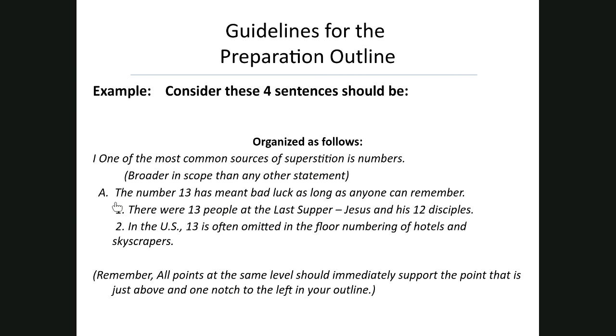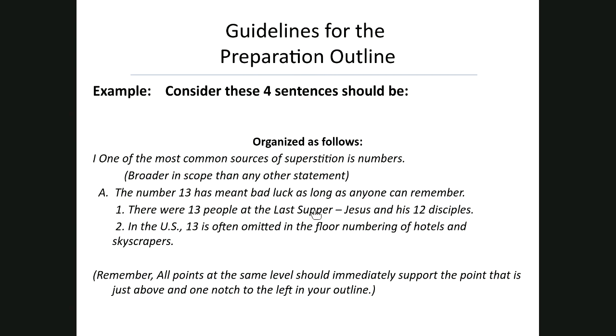These two sentences, but say you wanted to break down subpoint number one, there were 13 people at the Last Supper, Jesus and his 12 disciples, and you wanted to break that down even further. Now you would put a small letter a there and indent, because you're breaking that down further. Every time you indent, that means that supporting material is supporting the sentence directly above it that is one indentation over from it.